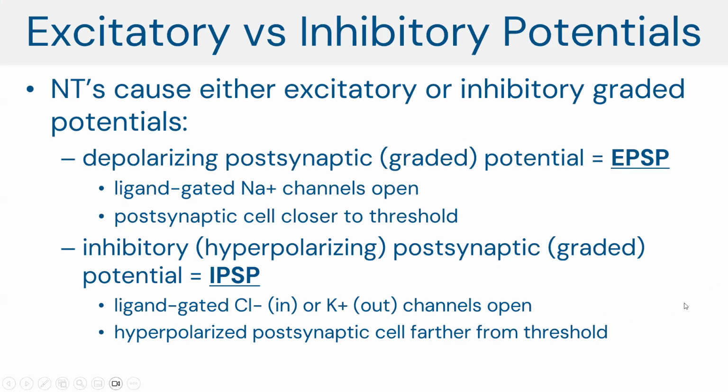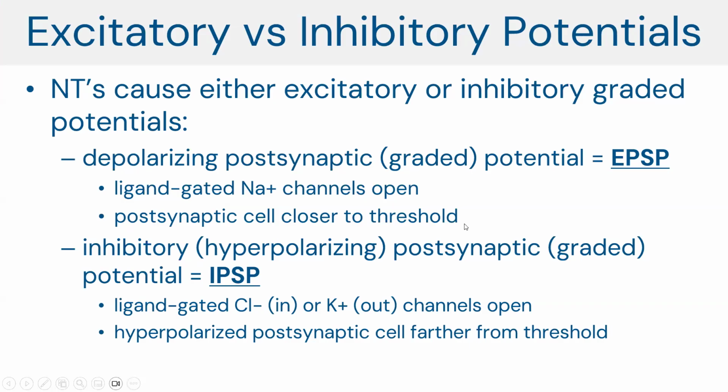All right, very last thing to cover here, guys. Thanks for sticking with me. So, excitatory versus inhibitory. This is why I was saying that neurotransmitters, no matter what we have, result in one of two things. They're either going to be excitatory or inhibitory. For those that are excitatory, it's going to help with depolarization of our postsynaptic potential.